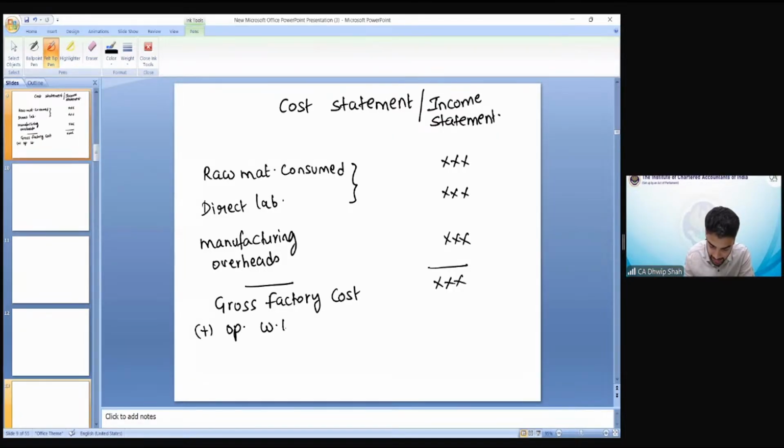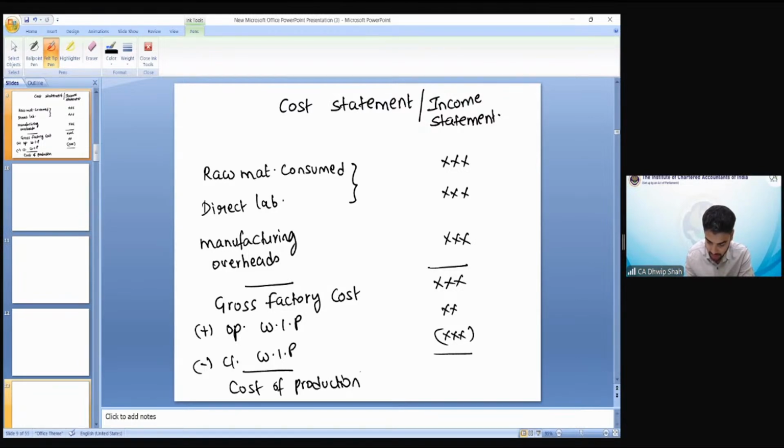We added opening WIP and subtracted closing WIP. The resultant figure was called cost of production. Yes or no? Cost of production.